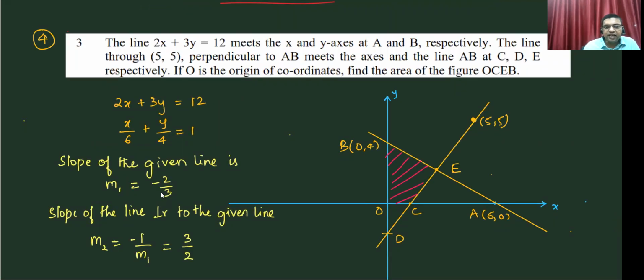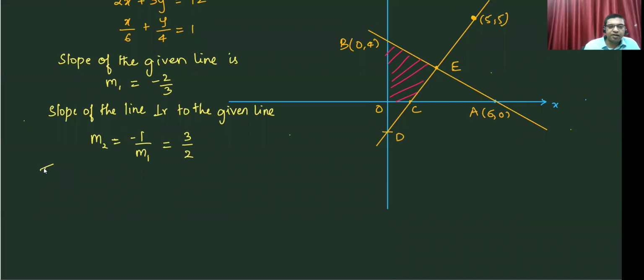So then this line perpendicular to AB passes through 5, 5. This symbol is short form for perpendicular.